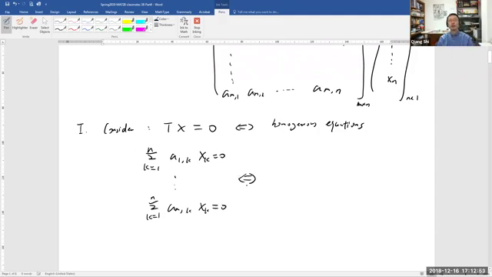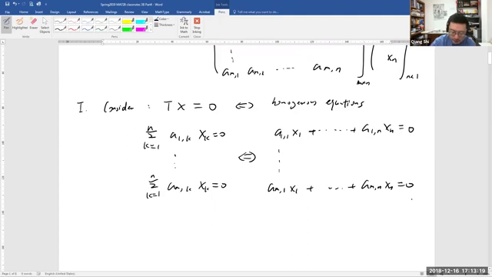It's probably even better to see this in the expanded form, like A11 times x1, up to A1n times xn equal to 0, and then Am1 x1 up to Amn xn equal to 0.